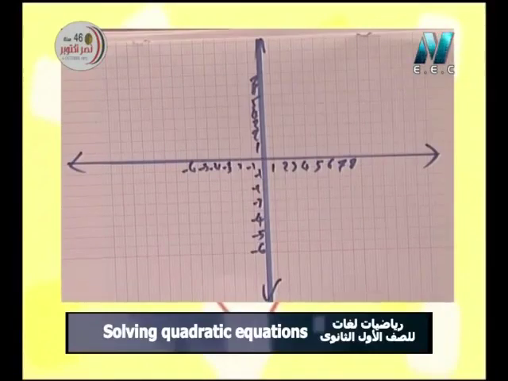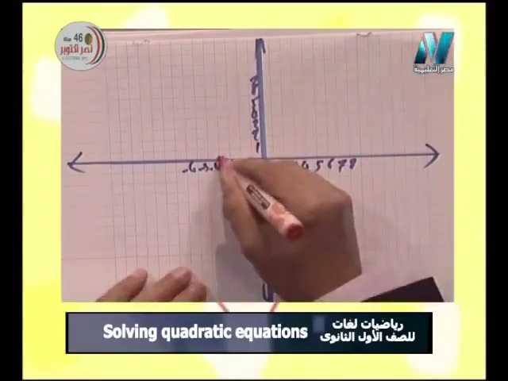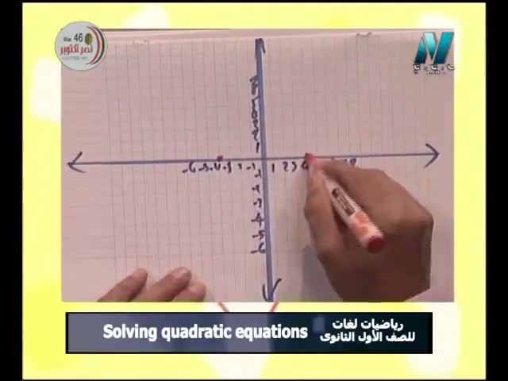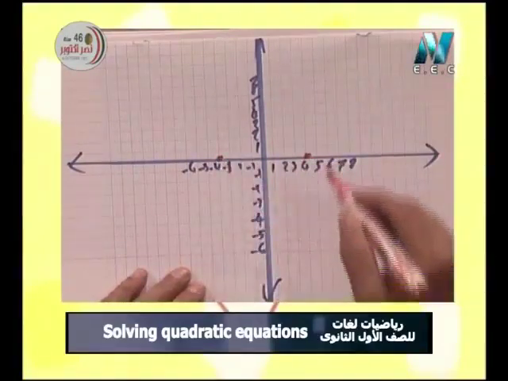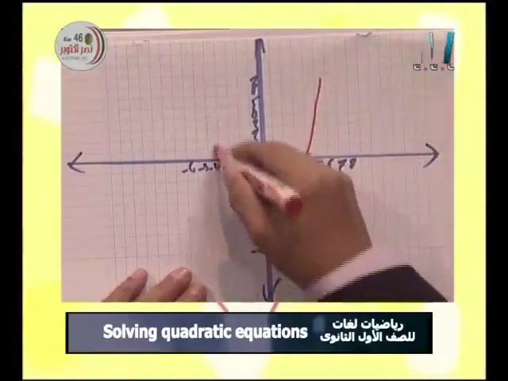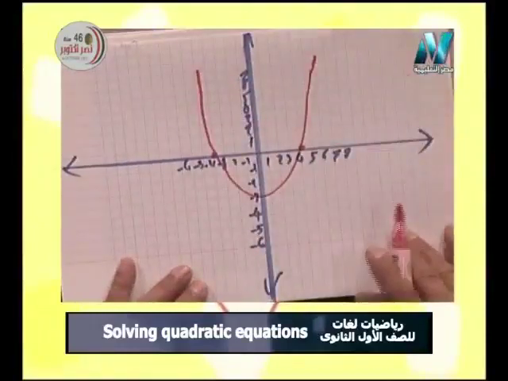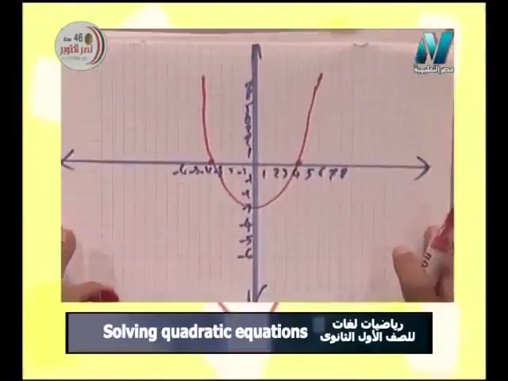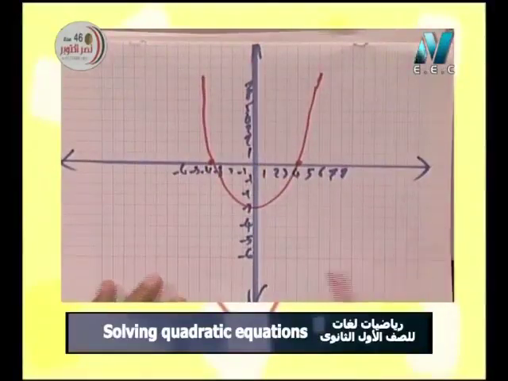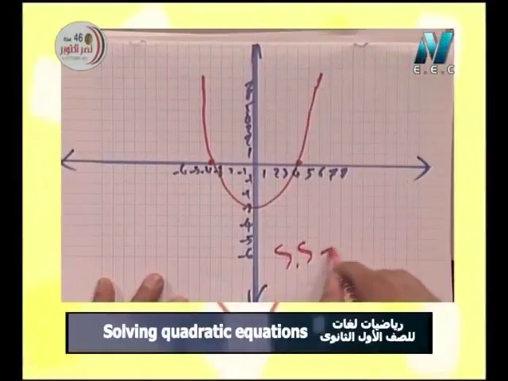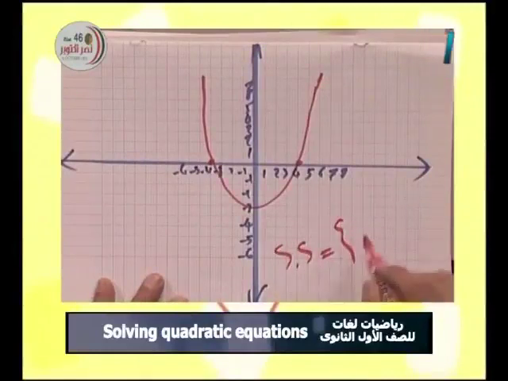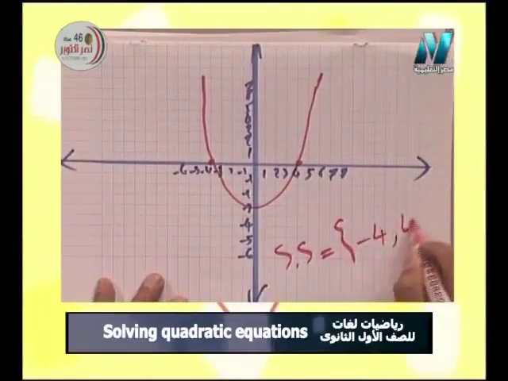The solution will be negative 4 and 4. Yes, we have the 2 points, negative 4 and 4 here, and we will complete the graph, and it will be this figure. So the solution set here will be negative 4 and 4.